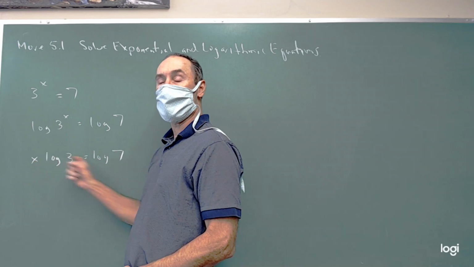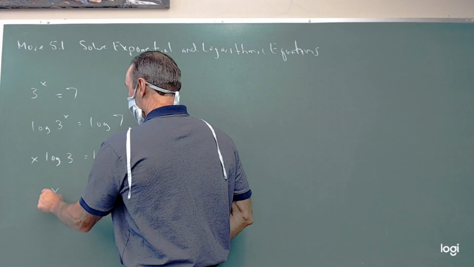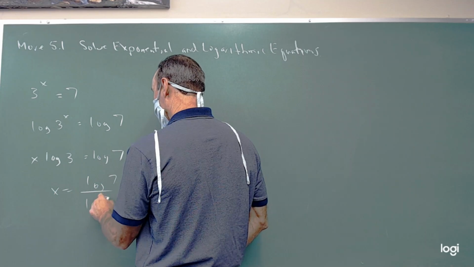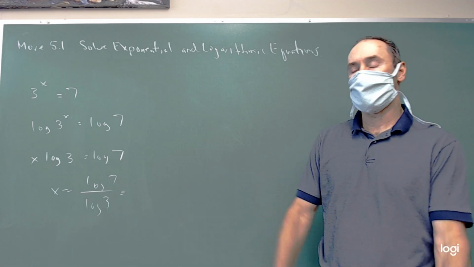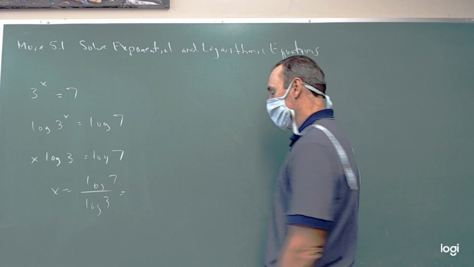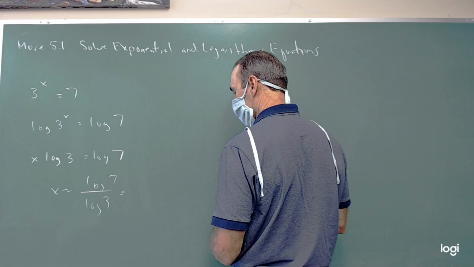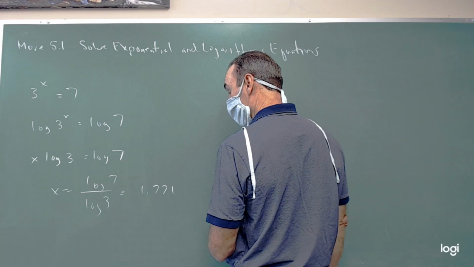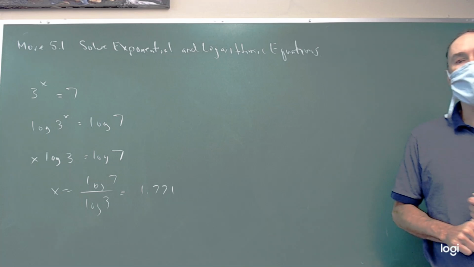It's a number times x equals another number. To solve it, you just divide by that number. So you go to log 7 divided by log 3, and then you go to your calculator, and it's just a matter of entering that. And I'll let you do that, and want to give it to me for 3 decimal places? 771? Yeah. Okay, sounds like we agreed, because it was like in chorus there.